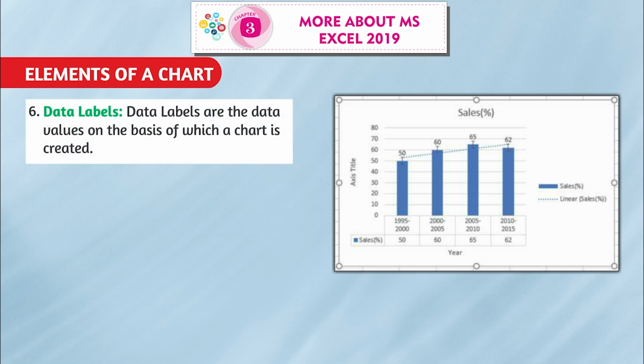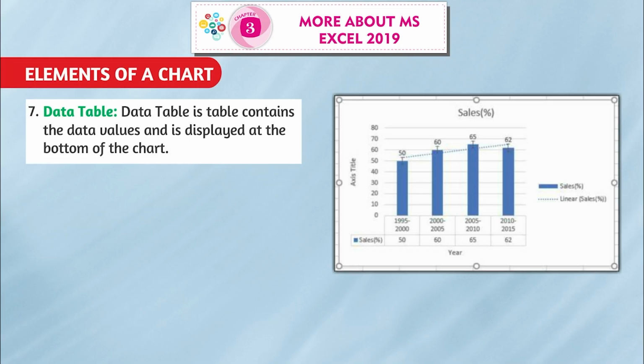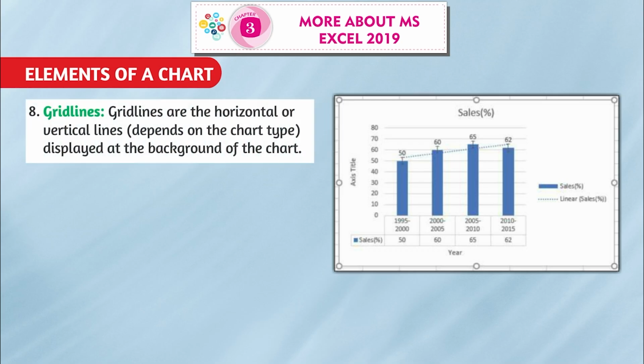6. Data labels. Data labels are the data values on the basis of which a chart is created. 7. Data table. Data table is a table that contains the data values and is displayed at the bottom of the chart. 8. Grid lines.